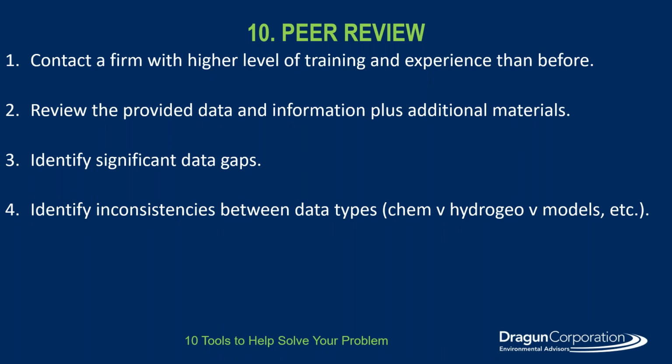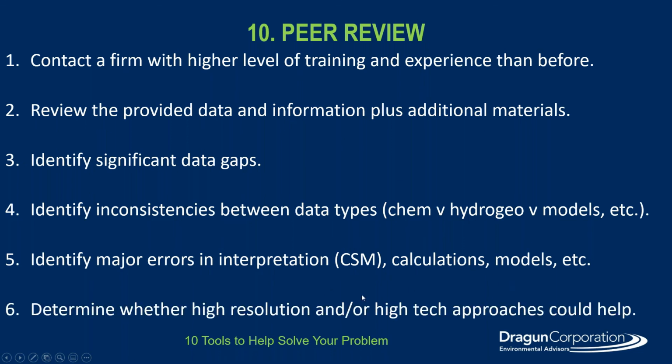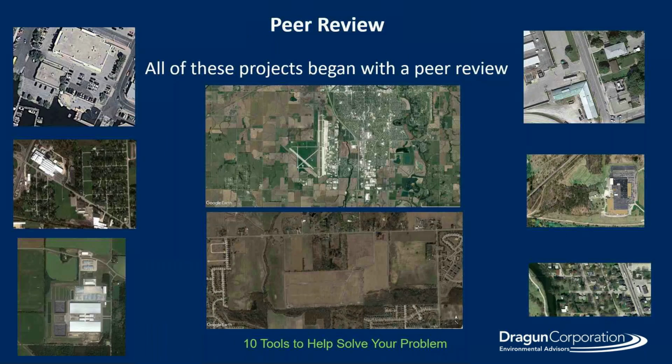You can't have chemistry saying one thing and hydrogeology saying another thing. Identify the major errors in interpretation, calculations, and models, and determine whether high resolution or high tech approaches could help better understand groundwater contamination so you can get to a solution quicker.